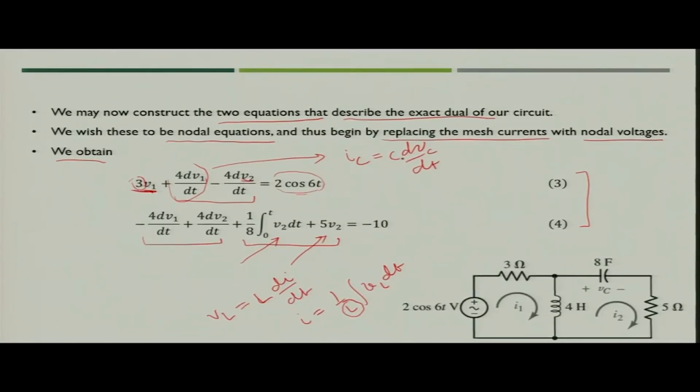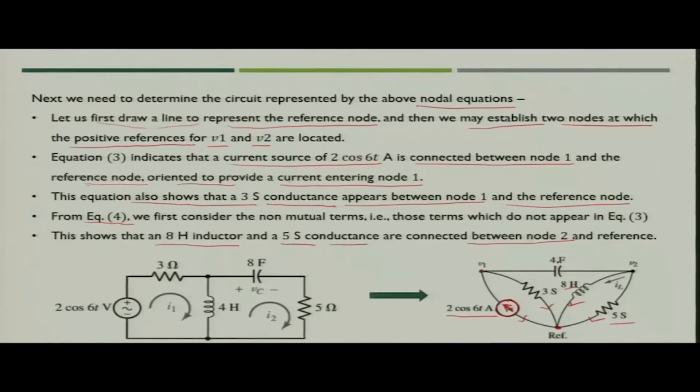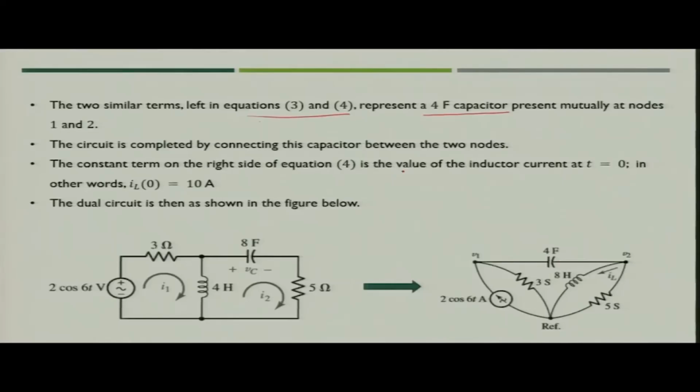So, if you compare these two, this will be I1, this will be I2, and I1 minus I2 means the values which are connected between two nodes. So, finally, what we got is the capacitor which is connected between voltage V1 and V2. So, we connect the capacitor also, now having a value of 4 farad.